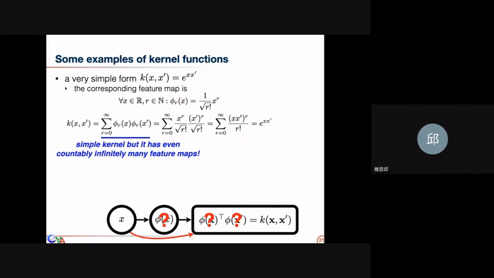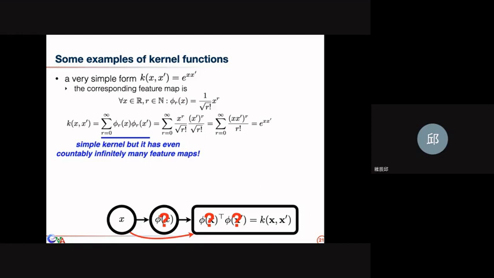So basically that means you are now mapping your data from its original data space to an infinite dimensional feature space.